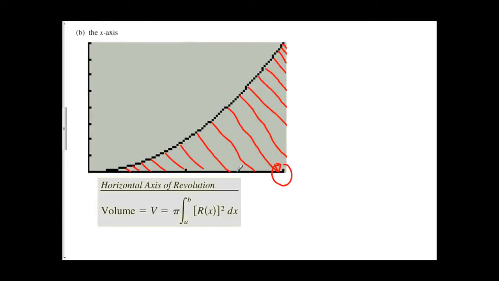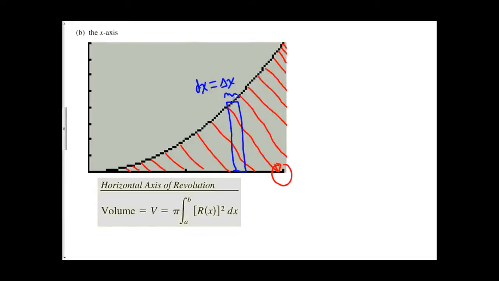So the representative rectangle is actually going to be vertical like this. And in this case, we are going to be integrating with respect to x, because we see this distance here, that's our little delta x, a little change in x, which is what we're going to call dx, which is going to be the width of our disk.